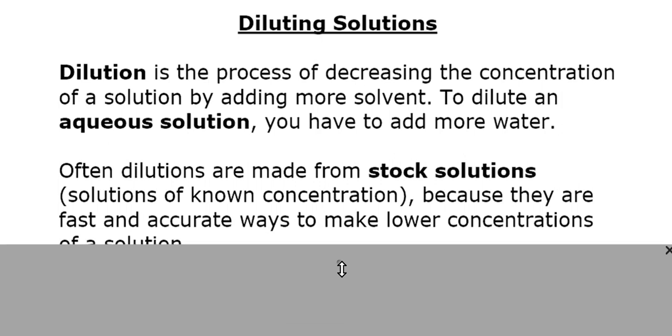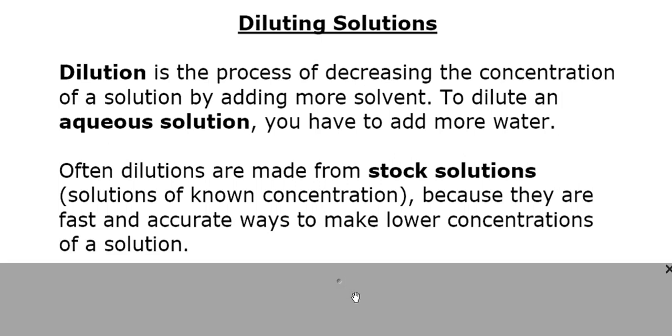If you think about that can of juice or other things that are more concentrated, these dilutions are made from what we call stock solutions. They're solutions where we know the concentration, they're measured precisely or made up precisely, and it's easy to take those solutions and then just dilute them to make lower concentrations of a solution.